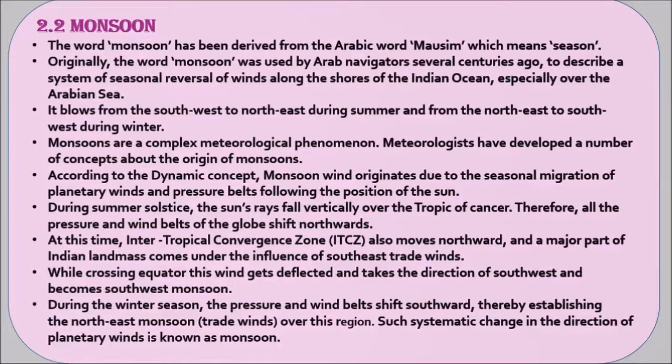You have to underline this point, children. During winter, these winds blow from northeast to southwest. So, reversal: first in summer they come from southwest to northeast, and in winter they go back from northeast to southwest.